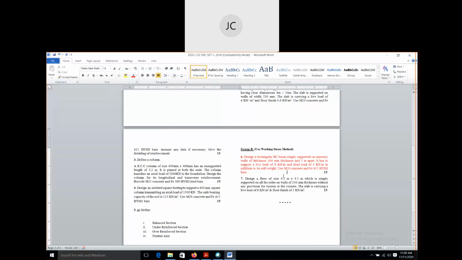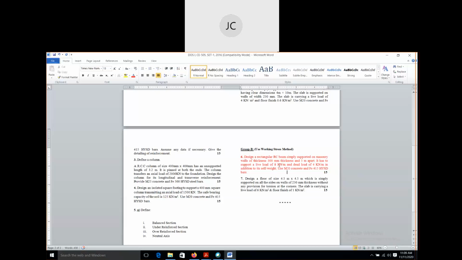This is the question. In the exam, you were asked to find it by the working stress method, but I am giving you this to solve by the limit state method. Question number 6, all of you write it down, and I have shared the PDF with you also.